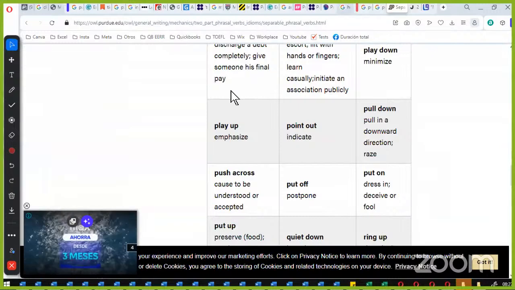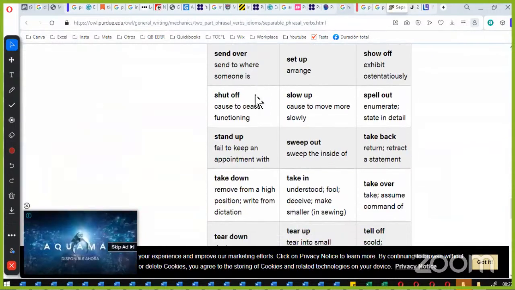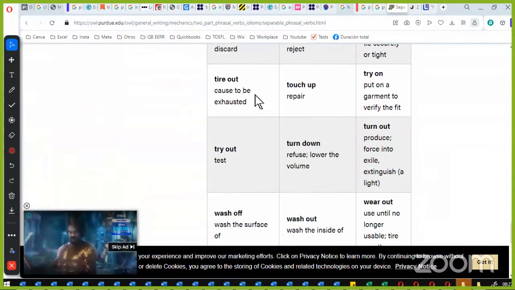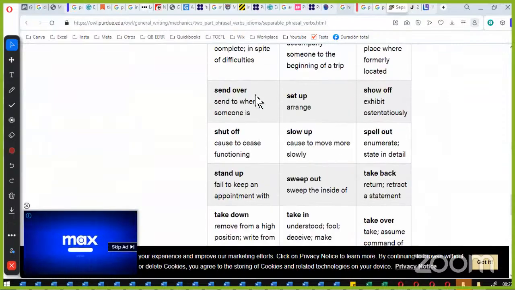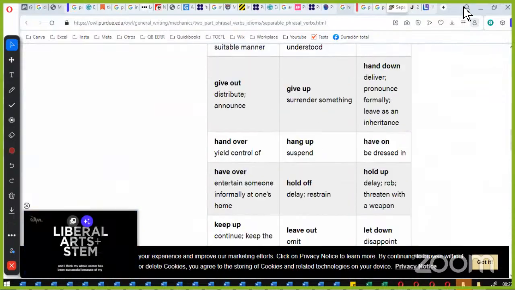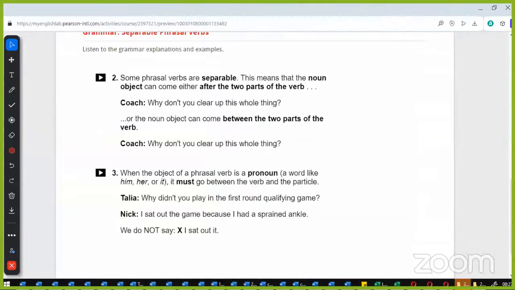I would say that most of these are really, really important. They're not ones that you don't really use. There are not as many. Okay. And let's do number 3.